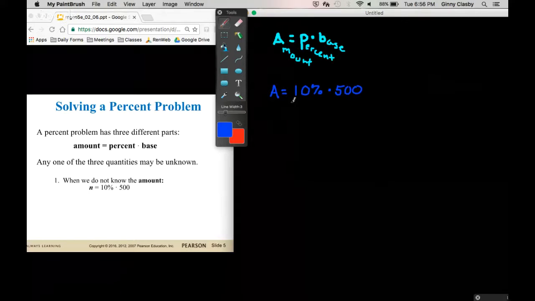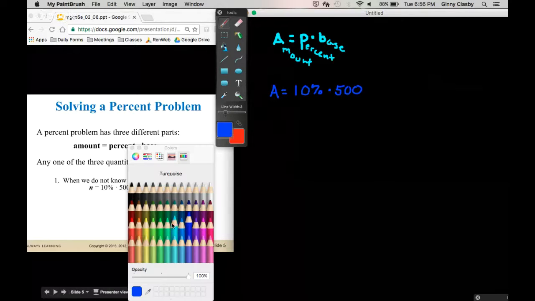All right, and one thing that you need to remember, and you should know this already because it was part of your review, is that any percent, when you're doing it in math, is going to come out as some kind of a decimal. In this case, if you have 1%, it's going to come out as a decimal of 0.01, and that's because 100% equals 1.